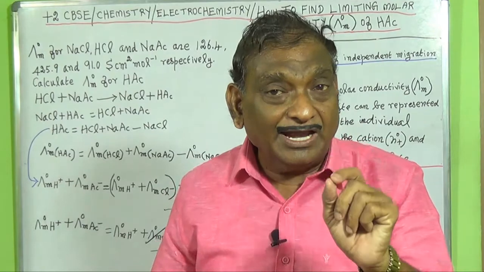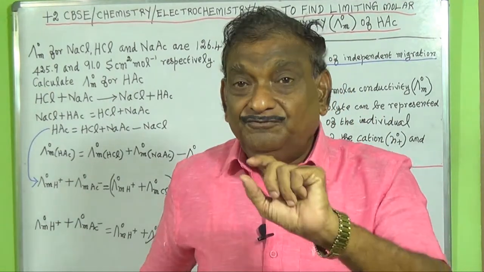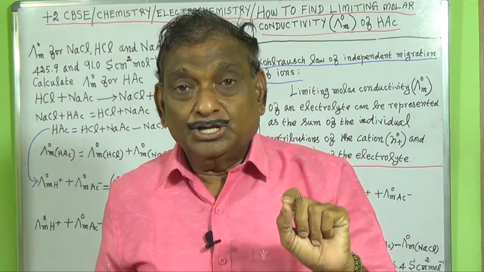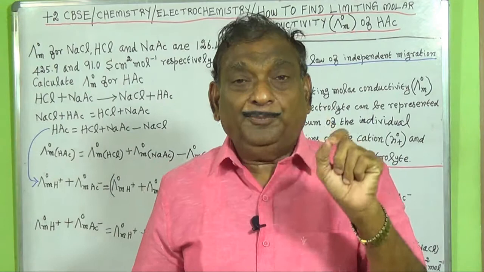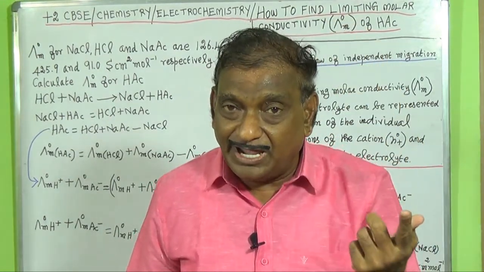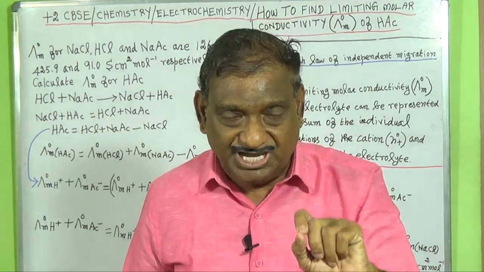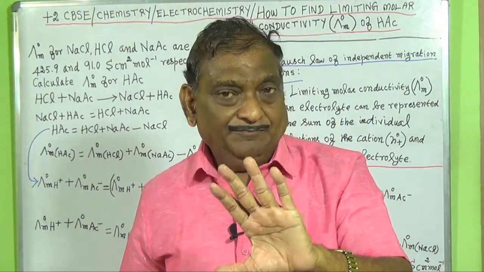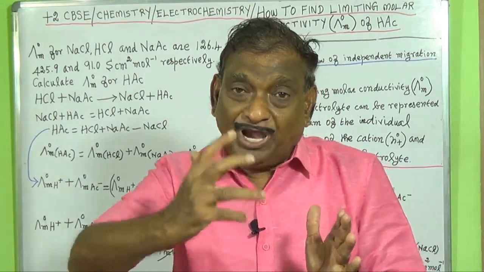We know that acetic acid and water are weak electrolytes. So by applying this Kohlrausch law of independent migration of ions, we can also find the limiting molar conductivity of acetic acid and water. We have seen that in separate videos.